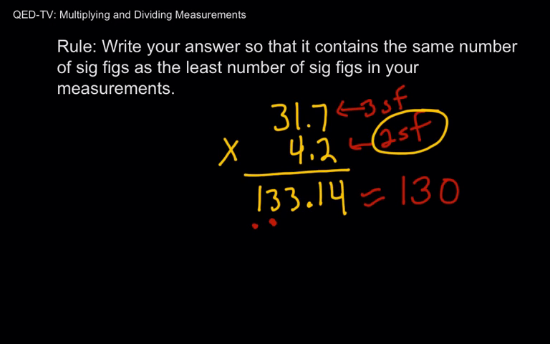You'll notice the measurement 130 only has 2 sig figs. The 0 is not significant here. We know the 1 for sure, and the 3 is actually an estimate, so that means it's going to be somewhere between 120 and 140. So all you have to do in multiplying and dividing is figure out how many sig figs each of your measurements have, and then figure out what's the smaller number, and your answer needs to have that many sig figs.